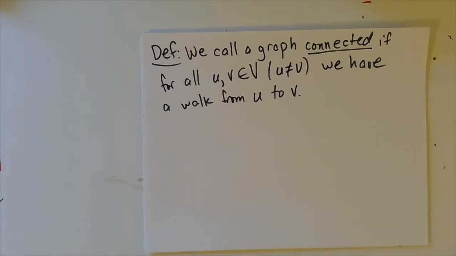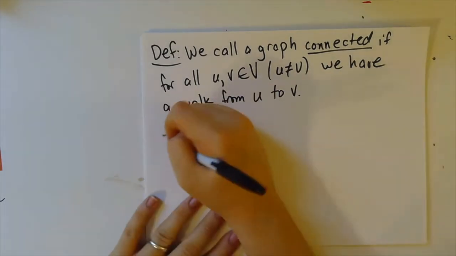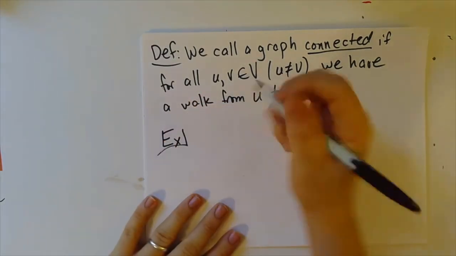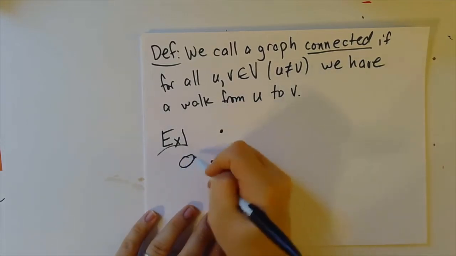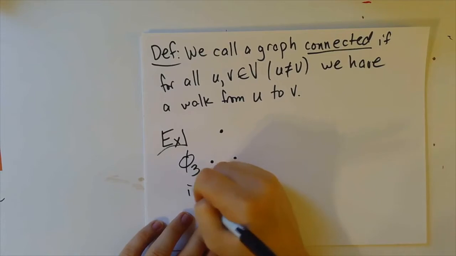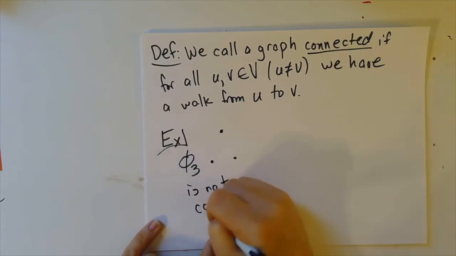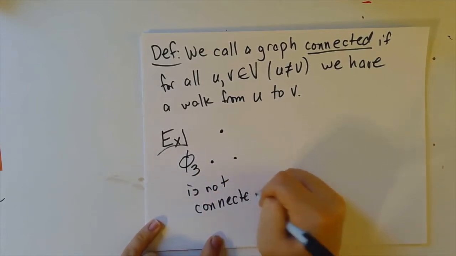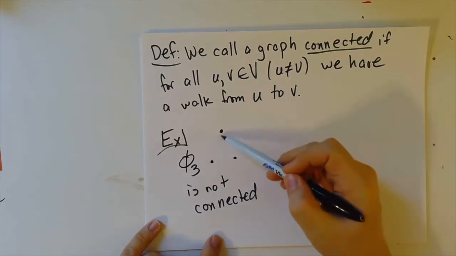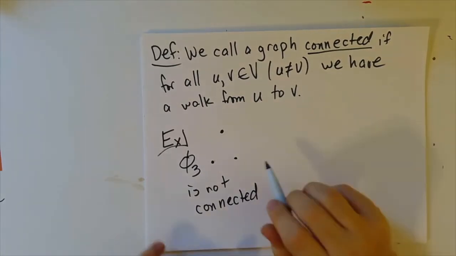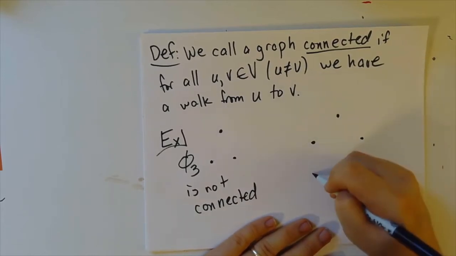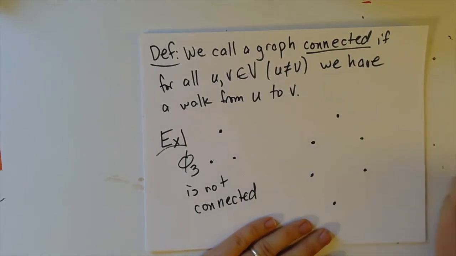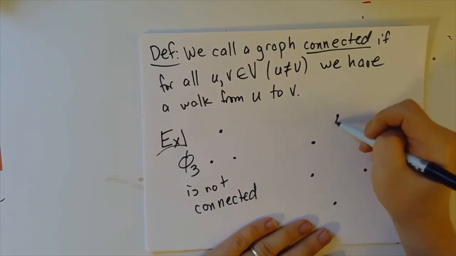I believe the only graph we've written down that's not connected is the empty graph. So something like this, I believe I denoted last time by that. This is not connected. I can't get from here to here, for example. Let's see, so here is an interesting example.